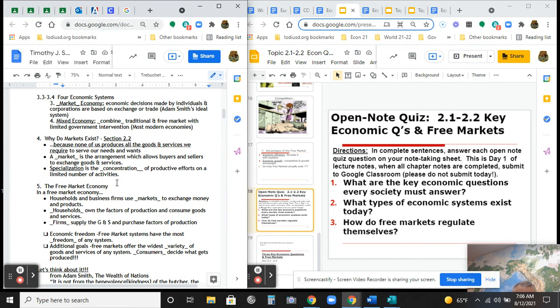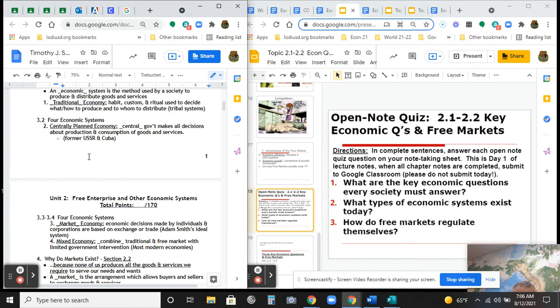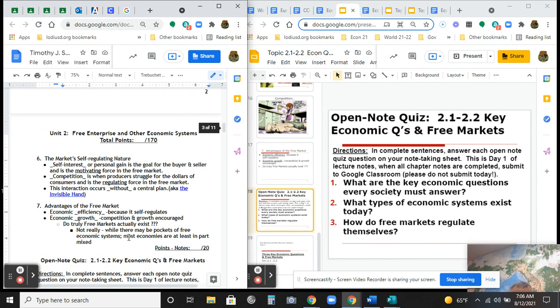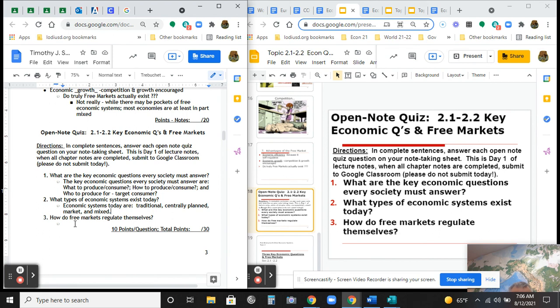I got them all. Traditional economic system, traditional, centrally planned, market, mixed. Got it. Right?